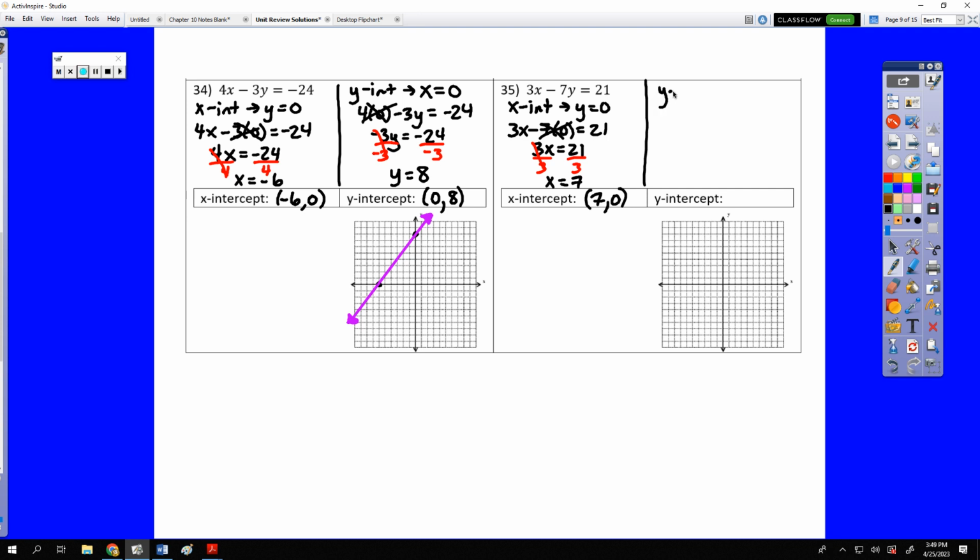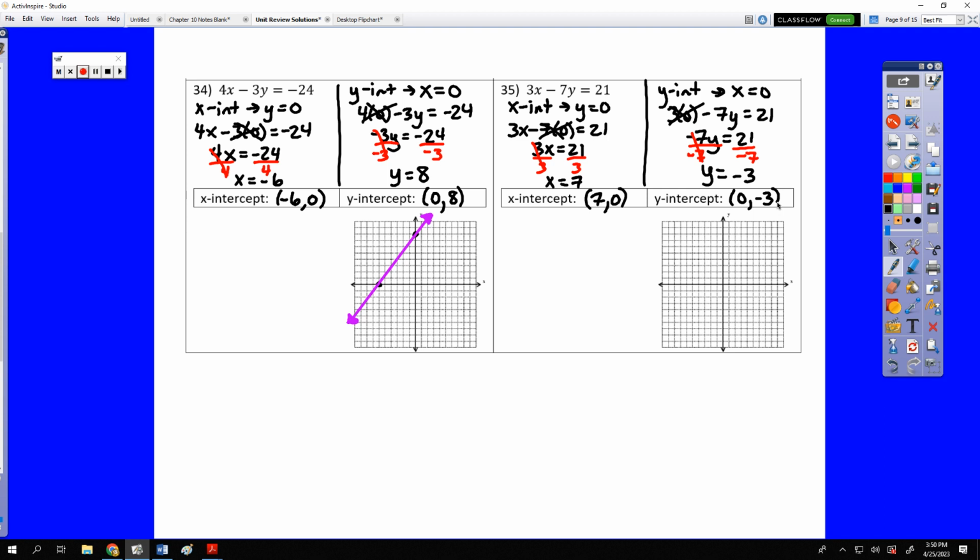For the y-intercept, we let x equal 0. So that'd be 3 times 0 minus 7y equals 21. The x term drops out, leaving us with negative 7y equals 21. We divide both sides by negative 7, and we get that y is negative 3. So the point is (0, negative 3).